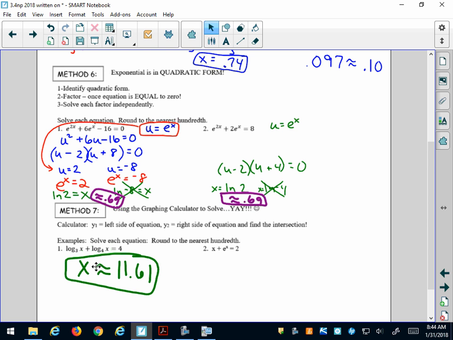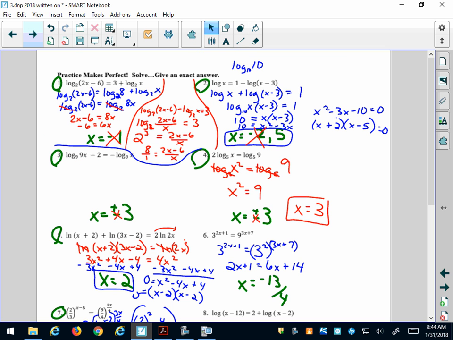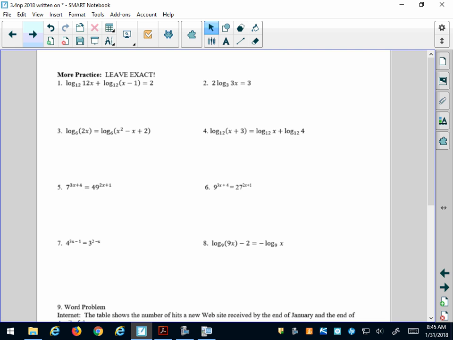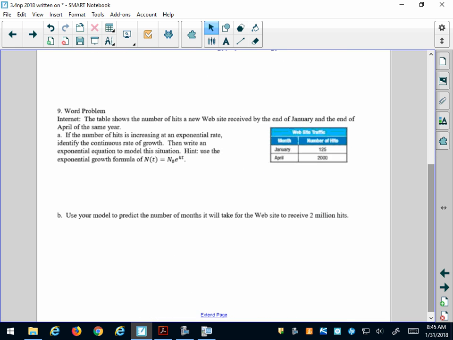Okay, so I'm going to let you work now. We only have a few minutes left, but your homework is going to be to finish both sides of this practice. There is a word problem at the bottom, which I would like you to try, but I'm going to kind of help you set this up a little bit right now.